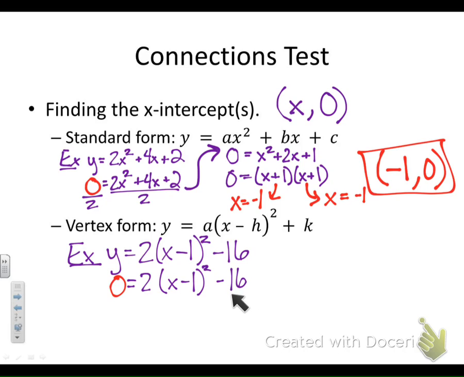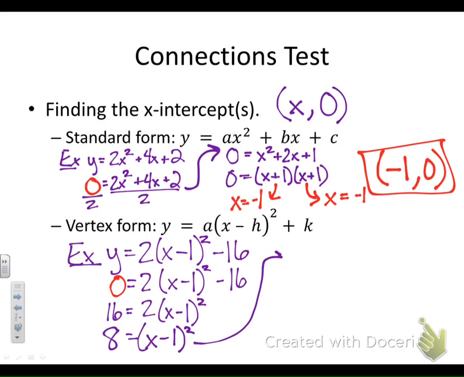In this case, I actually have to add 16 to both sides first. Then I'm probably going to use the square root method, where I start getting this squared item by itself. Divide both sides by 2. Take the square root on both sides.